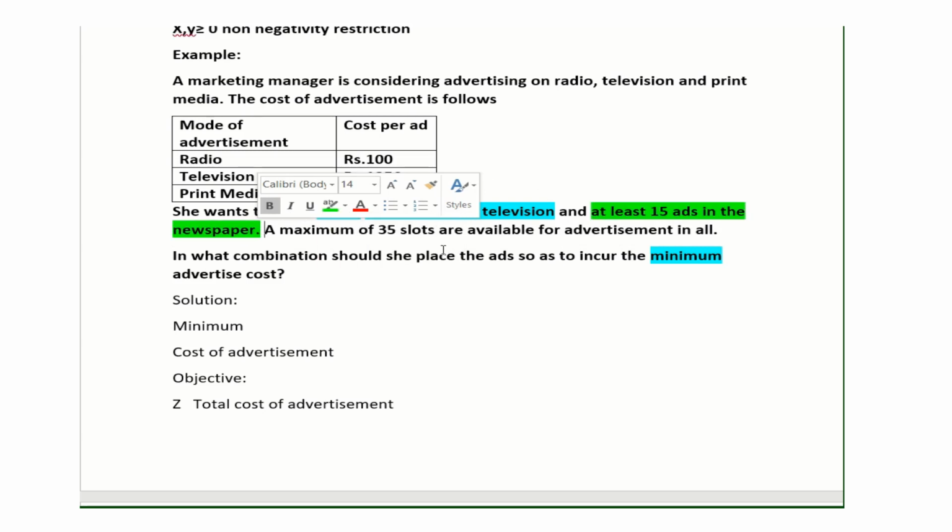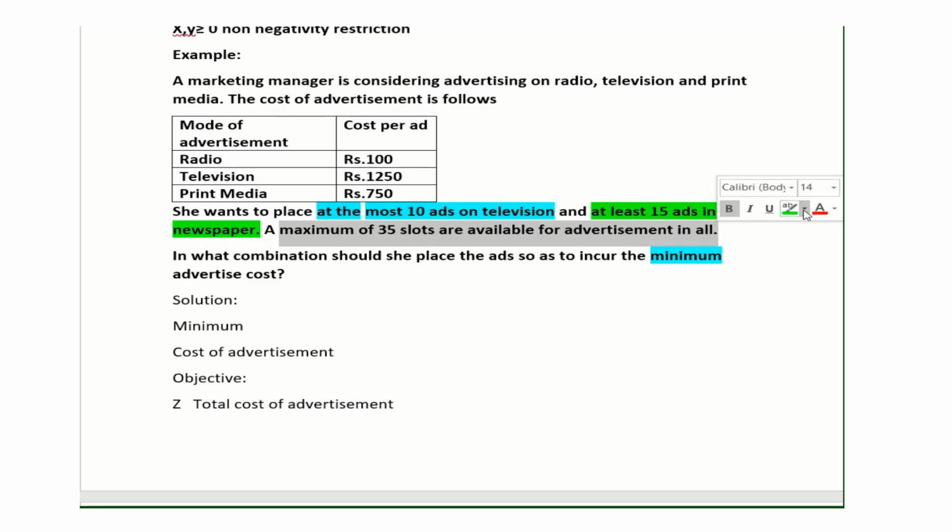Then the third constraint is that a maximum of 35 slots are available for all advertisements. So there will be three constraints: one is the TV constraint, another is the media constraint, and the last one is that a maximum of 35 slots are available.